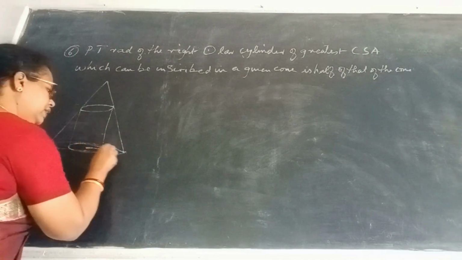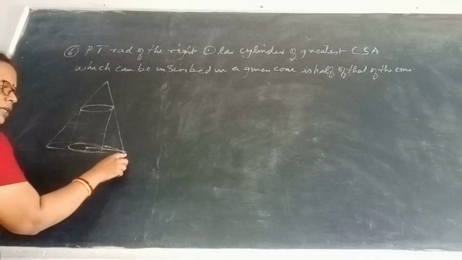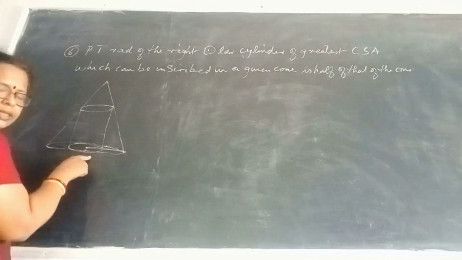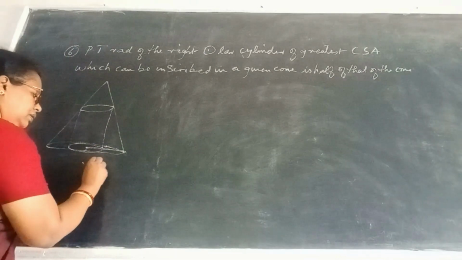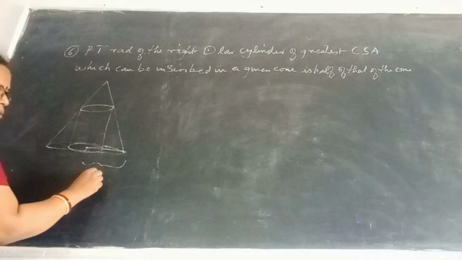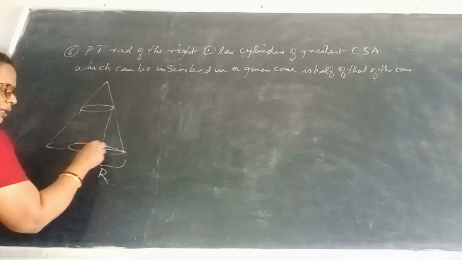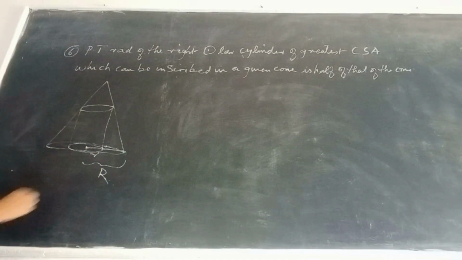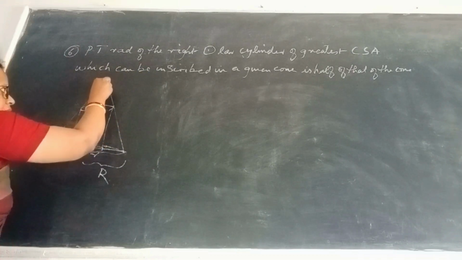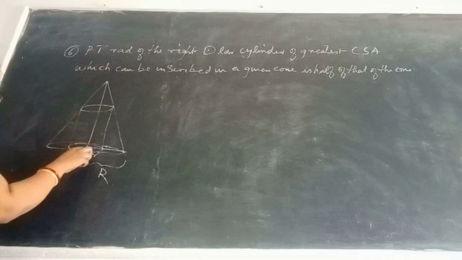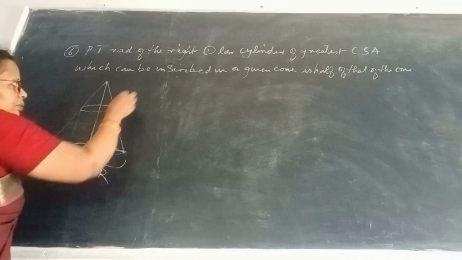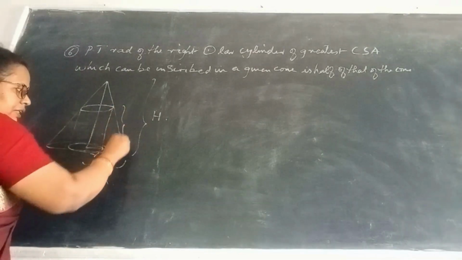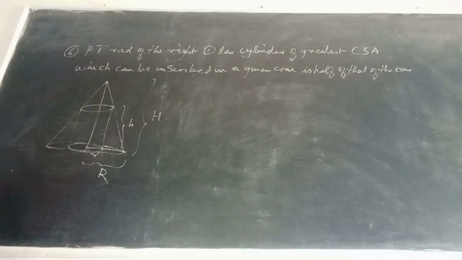This is the radius of the cone and this is the radius of the cylinder. Let us use big letter R for the cone radius and small letter r for the cylinder radius. Similarly, for the height of the cone let us use big letter H, and for the height of the cylinder small letter h.